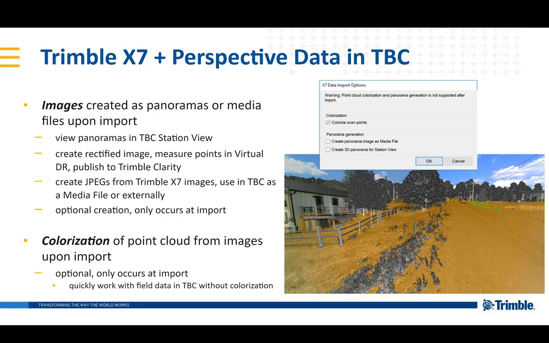A new feature with the X7 in TBC is that you can create JPEGs directly from the X7 images upon import, using TBC as a media file, or you can take those JPEGs and do whatever you wish with them in any other JPEG format, just like any other picture. This creation is optional and it occurs just when you import the data into TBC.